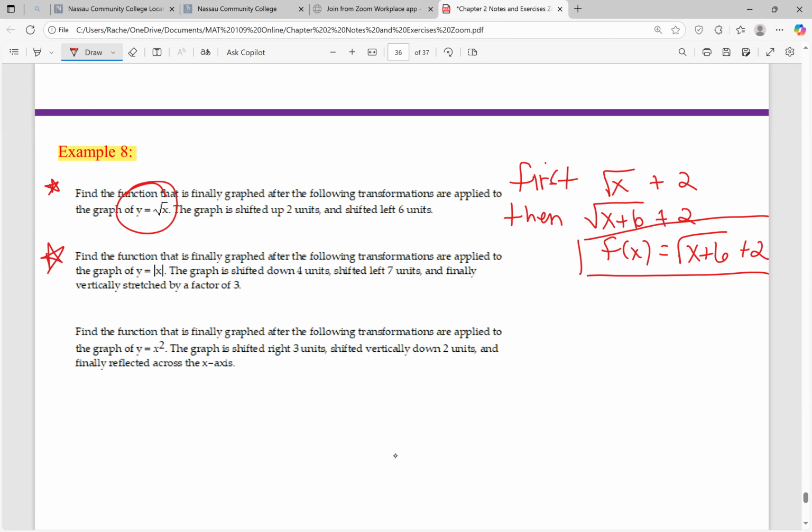Find the function that's graphed after the following transformations are applied to the absolute value of x. The graph is going to shift down 4 units, then shift to the left 7 units, and then finally vertically stretched by a factor of 3.